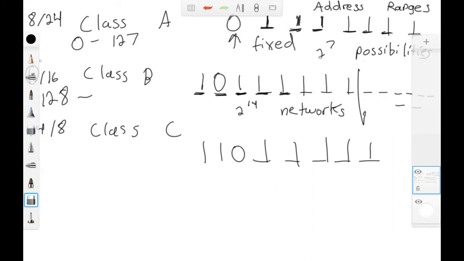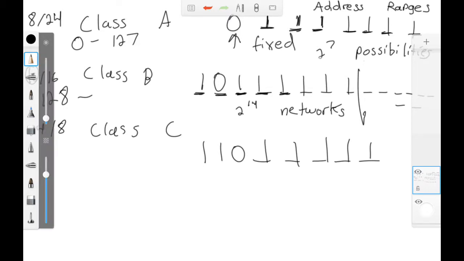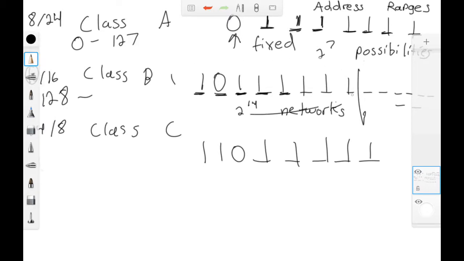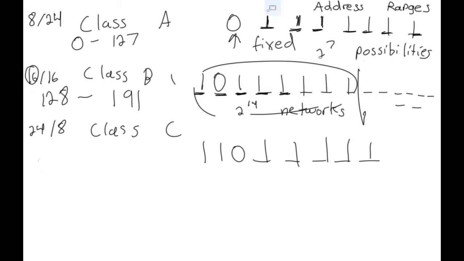This number right here in binary is actually 191. So that's 128 to 191, and then this would be 192 to 223. And if you want to confirm all of this, you can just add up all the different numbers, like 1 plus 2 plus 4 plus 8 plus 16 plus 64 plus 128, and this is your max value.